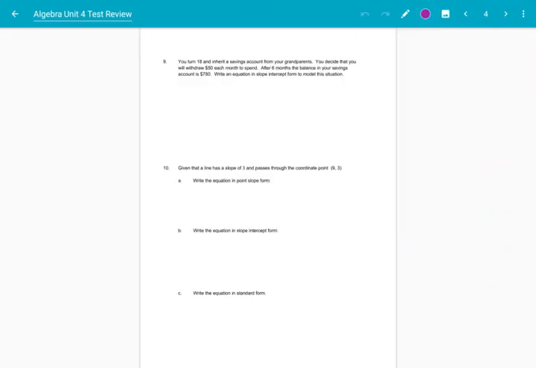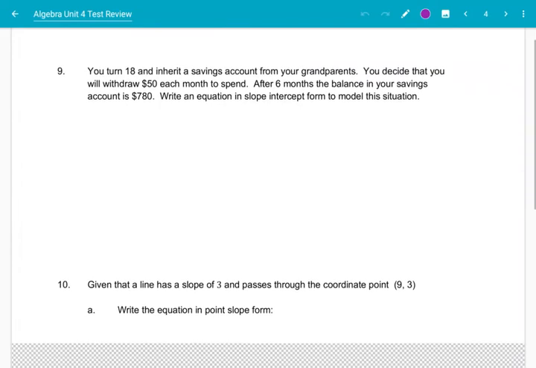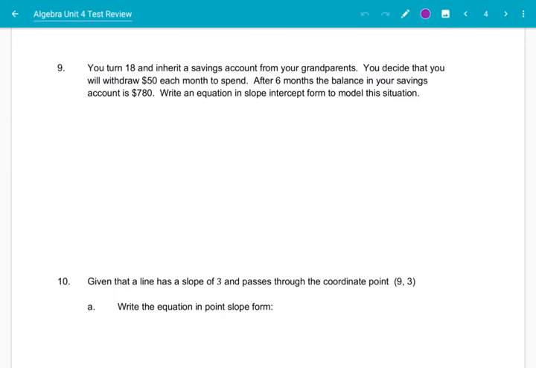Let's get some purple. Okay, let's see. You turn 18 and inherit a savings account from your grandparents. How nice. You decide that you will withdraw $50 each month to spend. Withdraw $50 each month. Let's keep an eye on that.